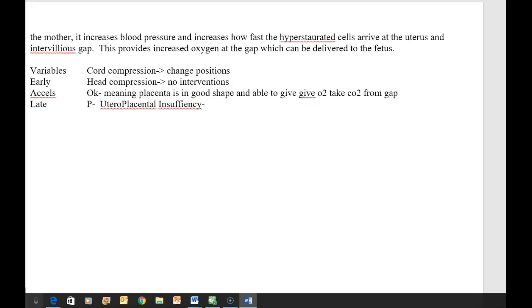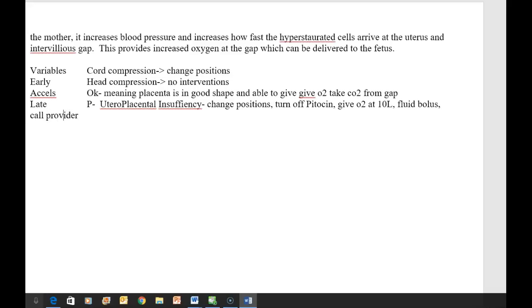So remember, our interventions again are changing positions, turn off Pitocin, give O2 at 10 liters in a non-rebreather, fluid bolus to increase the pressure, and call the provider.